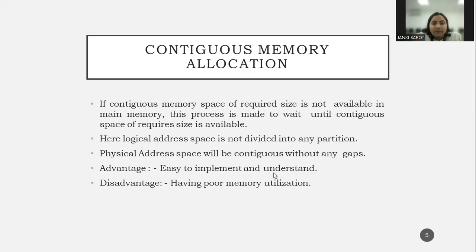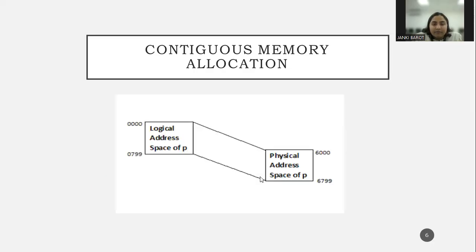Because if we have a fixed size to allocate memory to a particular process, it may be possible that many processes don't require that much memory. So at that time we are wasting our memory, and sometimes it happens that we require more memory than is available. At that time we need to wait for free memory.